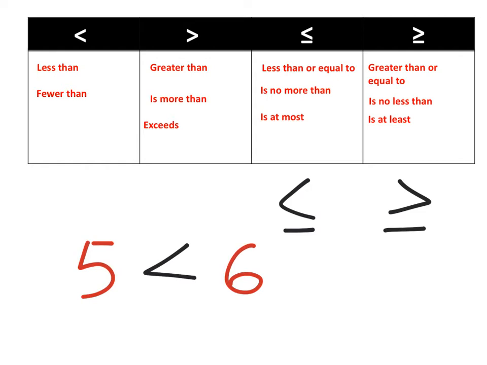We like some truth. But if I said, well, 1 plus 5 is less than 6, you think a little bit, and you say, well, that's just 6. And then we have to ask ourselves, is 6 less than 6? And the answer to that is no. Now it's a false statement. But the moment we put the equal part on that, now it is true. All right?